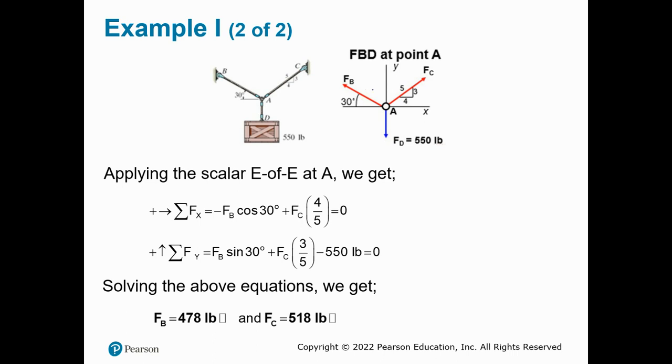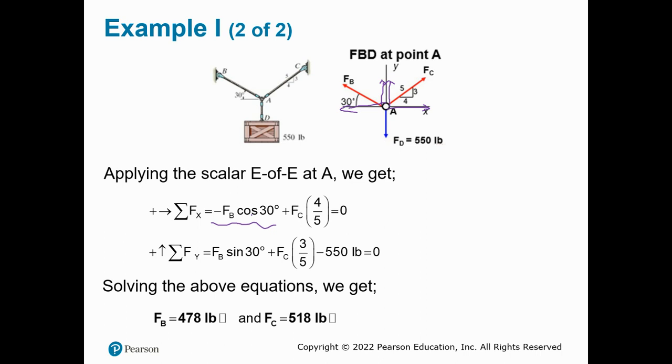We can break down our forces, FB and FC, into the horizontal component and the vertical component. FC, the same thing, vertical and horizontal. And we know that we can write FBX, FBY, FCX, FCY. And then later we pull all the X components together. This one right here is your FBX because it's going toward the left.